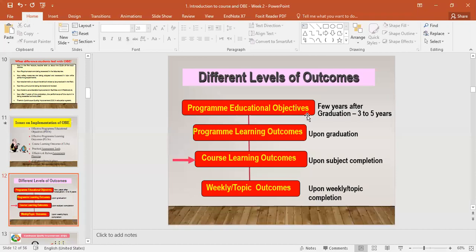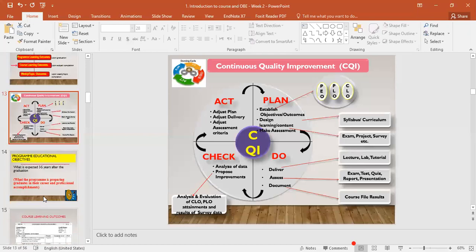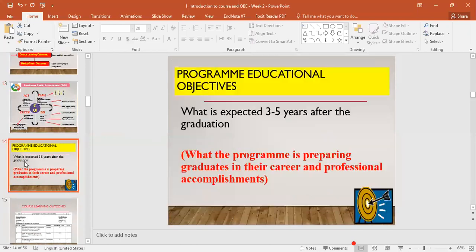So not exactly after graduation, but 3 to 5 years after graduation, you can design a rotavator. Okay, so this is the CQI; you will learn it with time.